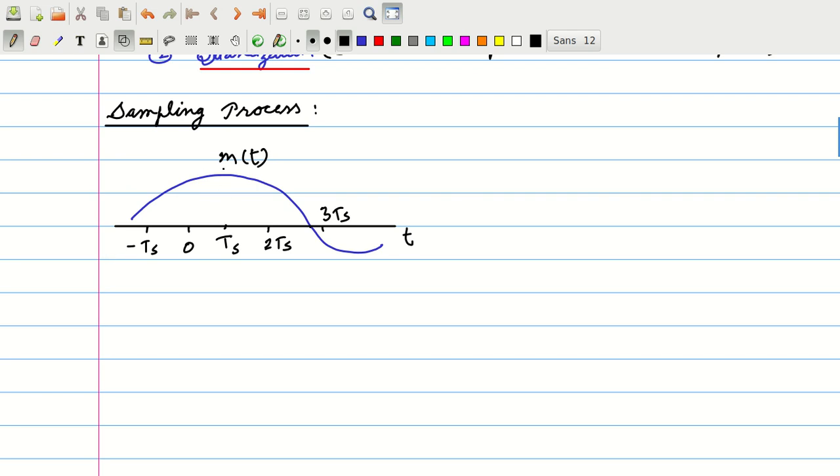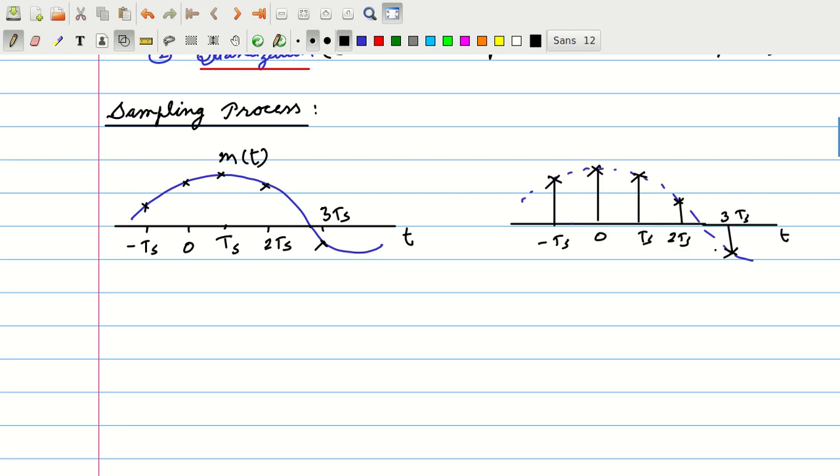As we can see, the signal values at these time instants are given by these cross marks. So we want to obtain these sample points from the original signal, and how can that be obtained is the question we would like to answer in this module. More specifically, we want to obtain the samples at the time instants separated by Ts.